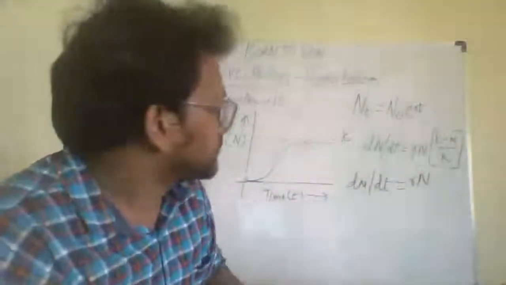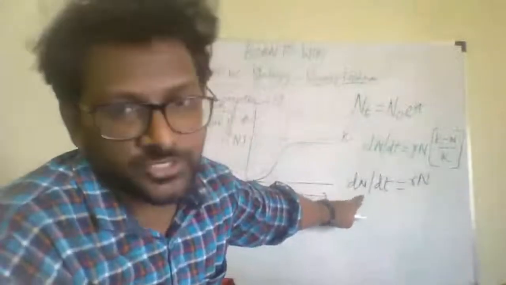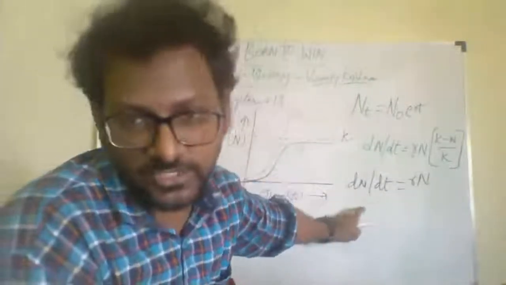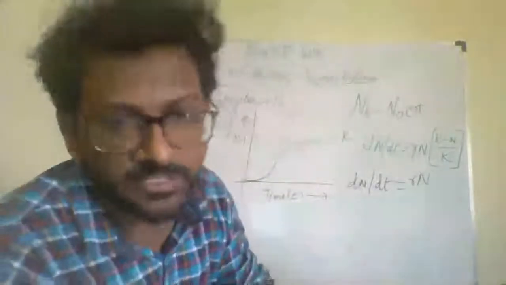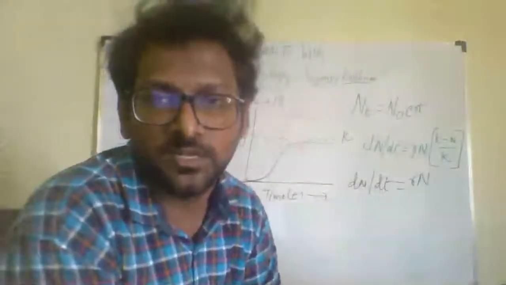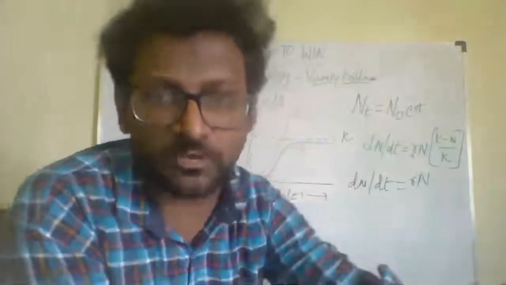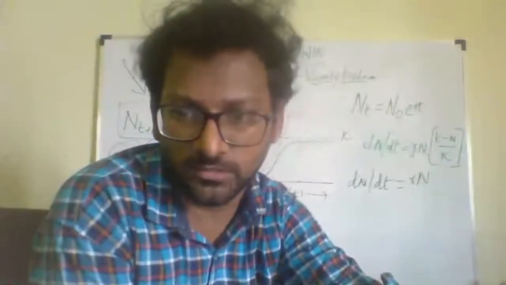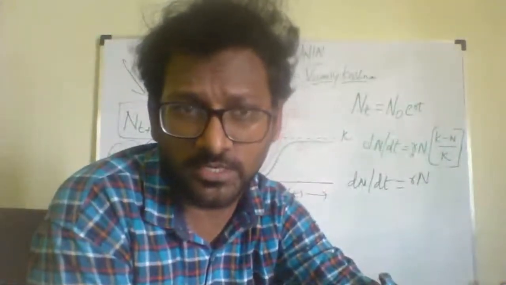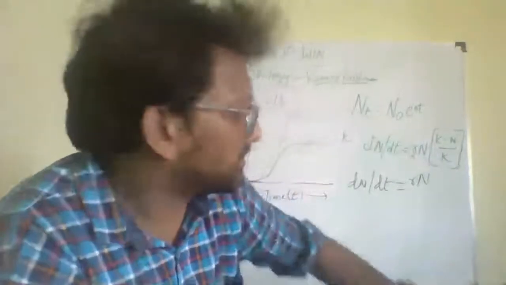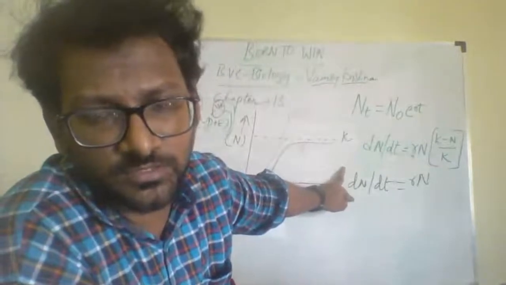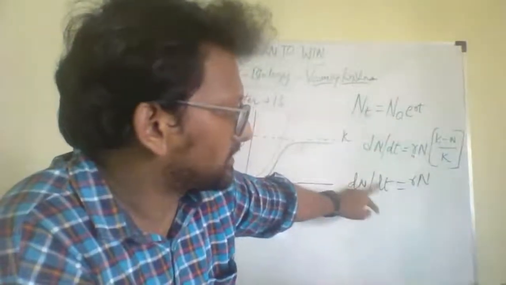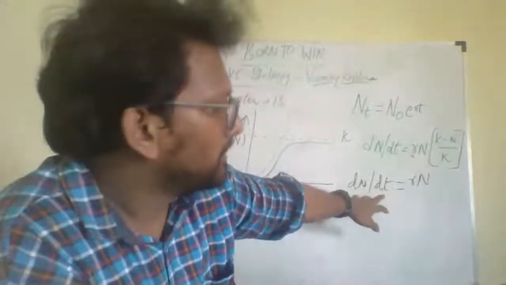Okay, so here we are talking about the change in the population. dN by dt, you would have been observing different integrals, as well as different derivations. You would have been working in physics as well, right? So if you see this, change in the rate, and the time difference, right?